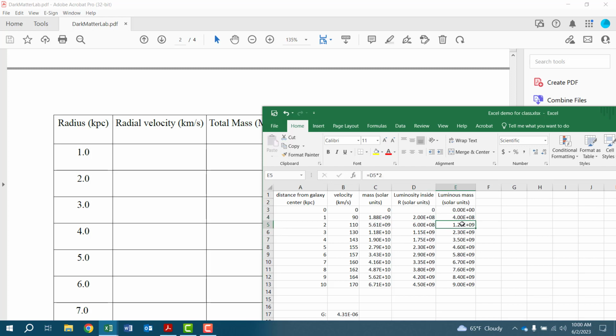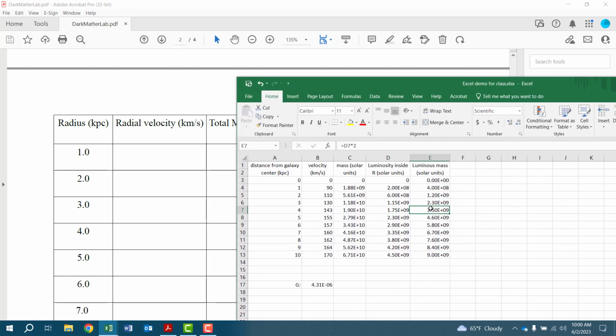But I suppose what we're doing here is assuming that many of the stars in this galaxy are not as bright as our sun. Maybe there's a lot of stars that are more massive than our sun, but put out about the same amount of light, or maybe there's a bunch of older stars. That's probably it. There's probably a bunch of older stars that contribute a lot of the mass, but just aren't putting out much light. And hence the reason for doubling. And that's obviously a very rough correction there.